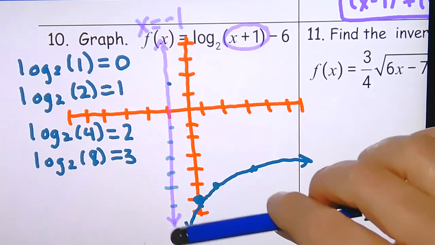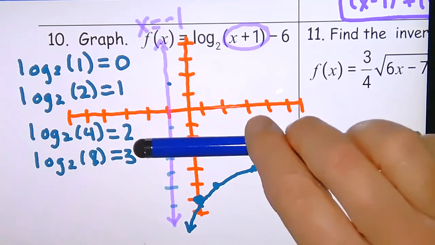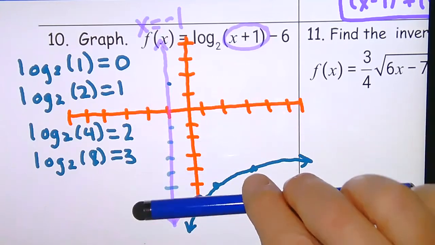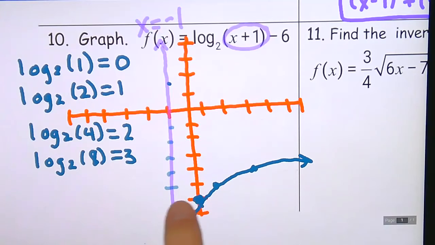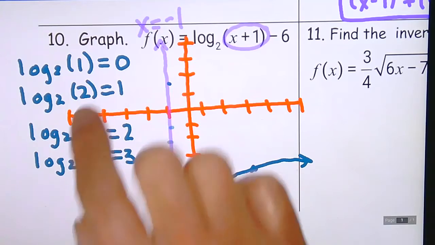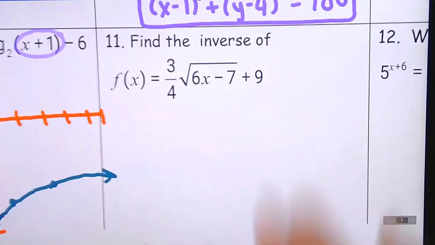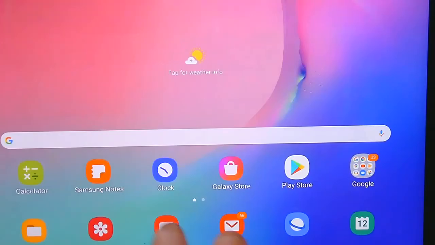Okay, so here's my asymptote. Again, I went down 1, 2, 3, 4, 5, 6 on that asymptote, and then from here I go out. I do my values of log base 2 of 1, log base 2 of 2, 4, 8, and so on.